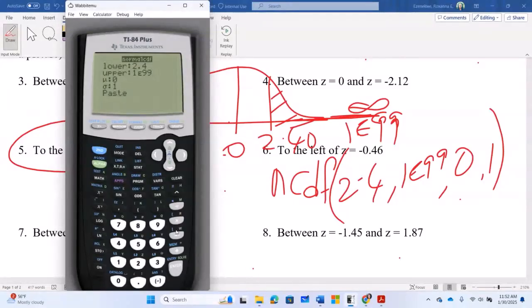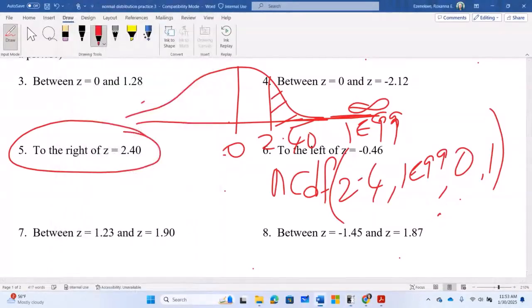Standard deviation is 1. Calculate. Therefore, the area under the normal curve from 2.4 to positive infinity is approximately, I'm going to put it in percent, approximately 0.82%. That is the area to the right.